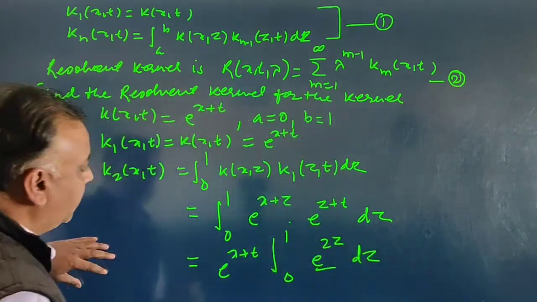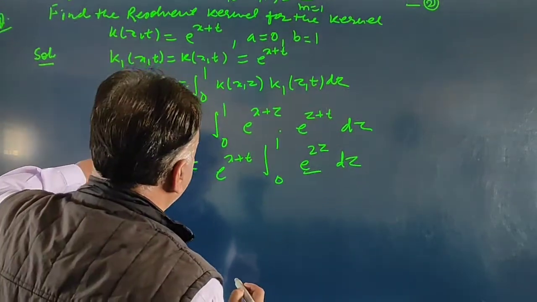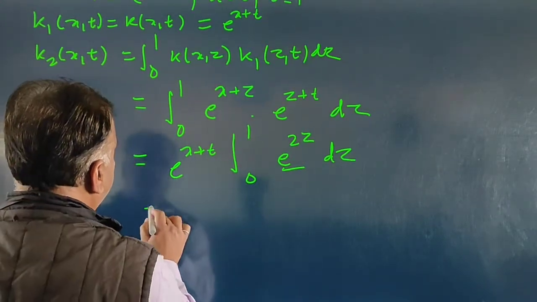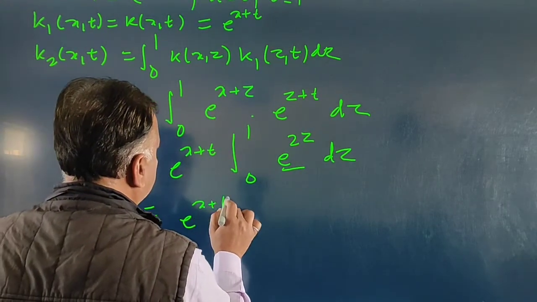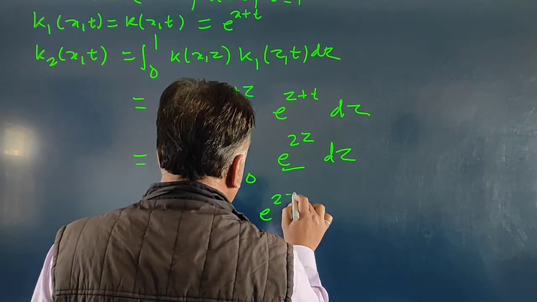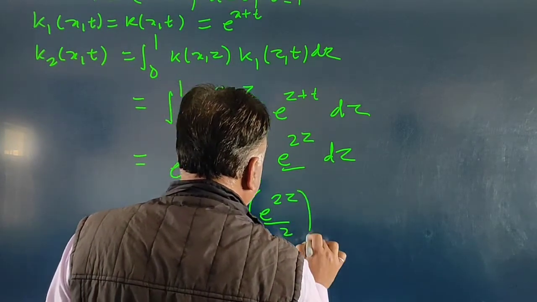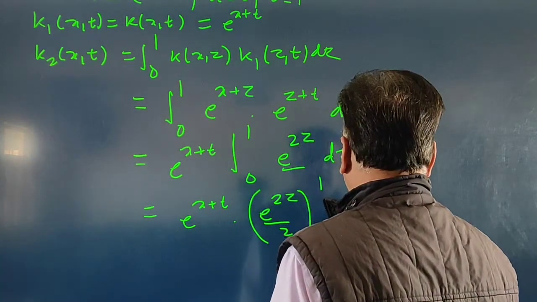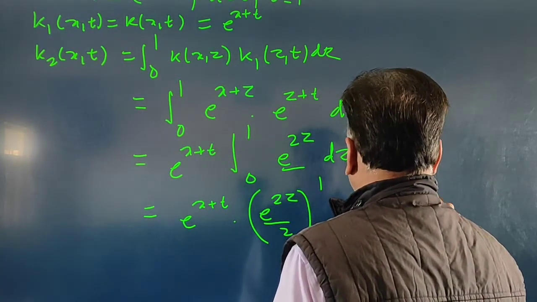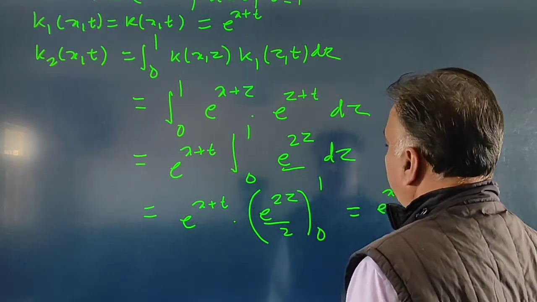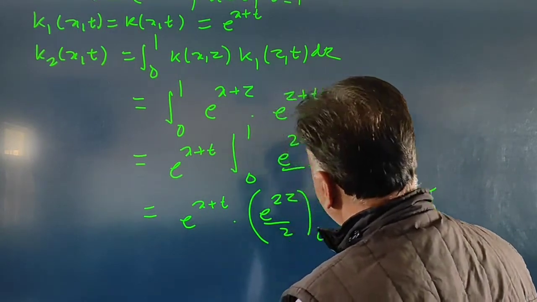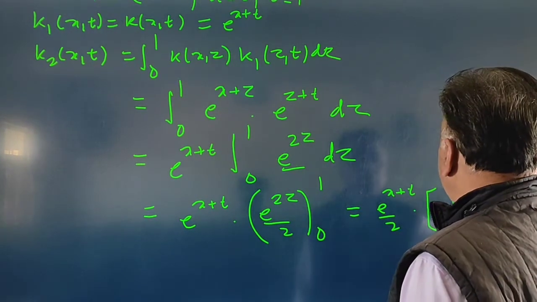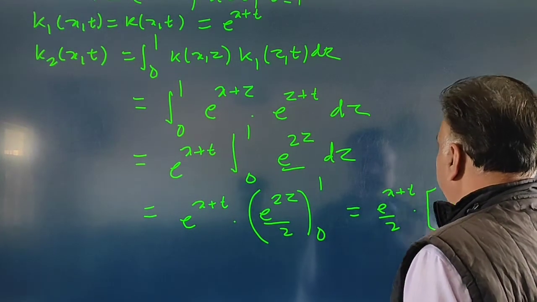Now if you integrate this, we get e raised to x plus t into e raised to 2z upon 2, with limits from 0 to 1. Putting in the limits, it is e raised to x plus t into (e squared minus 1) upon 2.